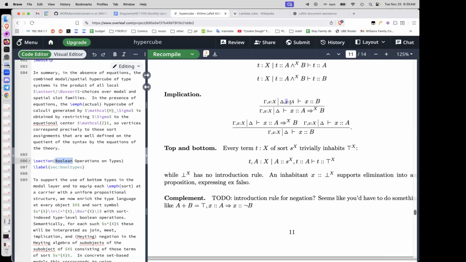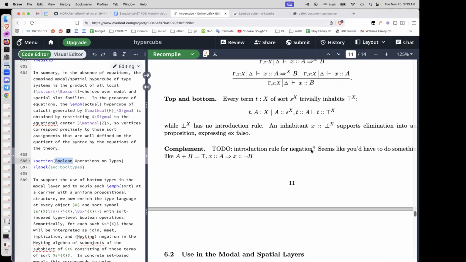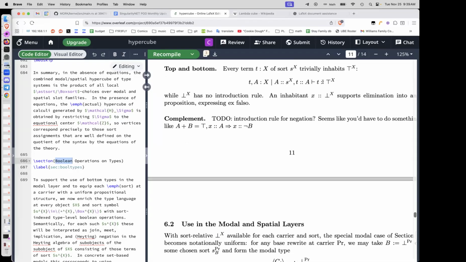So given an assumption that X has type A, we can derive that X has type B. We can move that assumption into the right-hand side, and so this says X is something that, assuming it has type A, also implies it has type B. Then we have the elimination rule that is standard, that given an A, we can get a B from it. Top is trivial. Anything that inhabits the shape X.